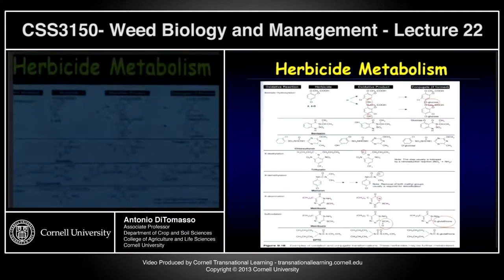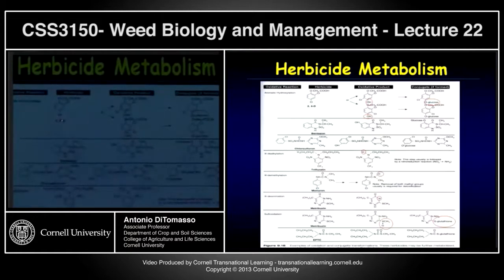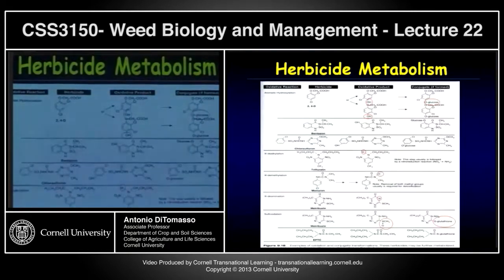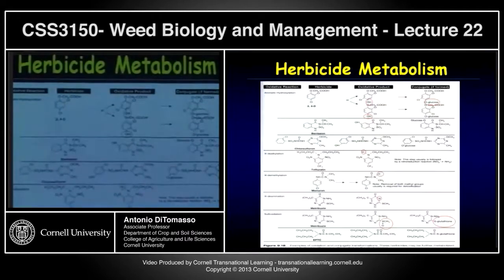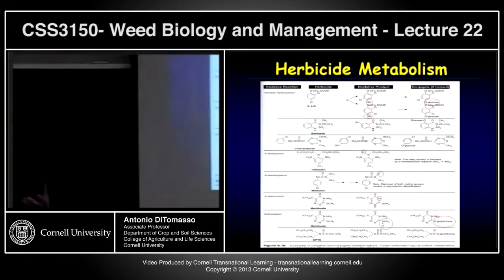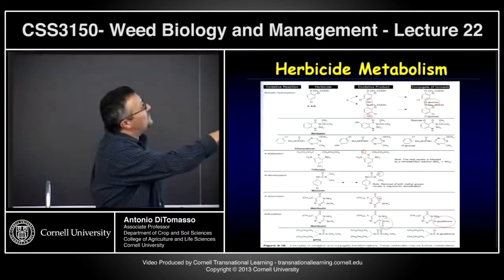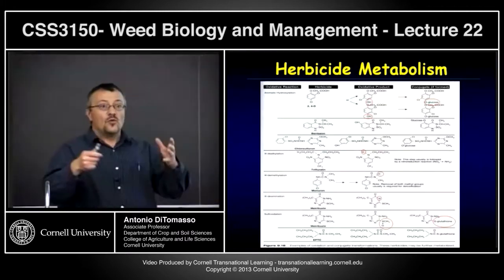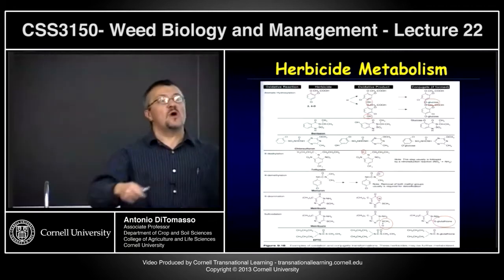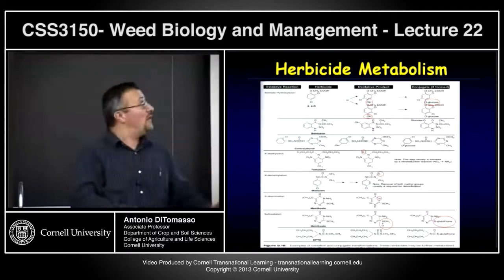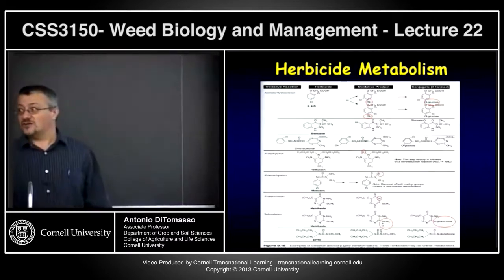They basically replace the chlorine here with an OH group, a hydroxyl group. Then this continues, and they conjugate it, they add a glucose to it. And that product, the 2,4-D, is now no longer herbicidally active. They're not showing it here, but this conjugate is then broken down by the plants into smaller components, little amino acids. Some of them are used, some of them are excreted. But the chemistry is completely changed.